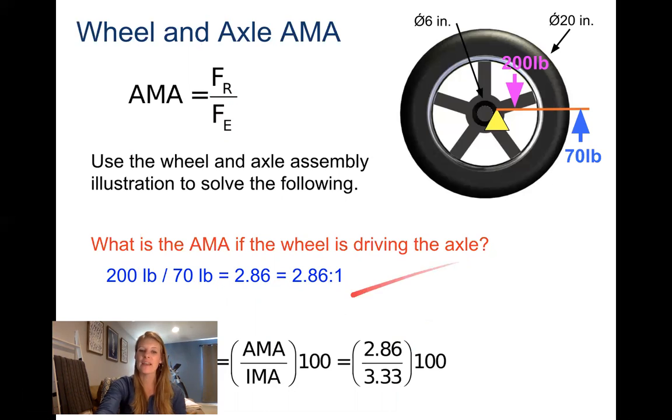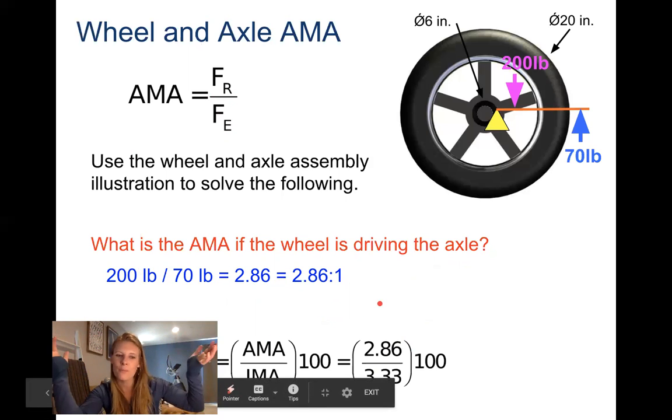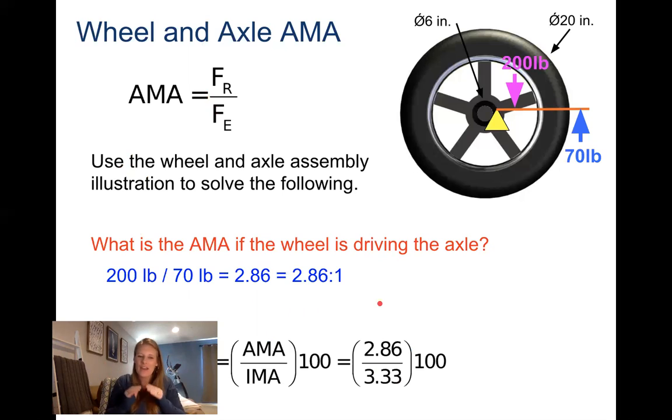The way that we find out the percent efficiency we learned yesterday is to take your actual mechanical advantage and divide it by your ideal mechanical advantage. This number will never be 100%. There will always be an error because we don't live in a frictionless situation.